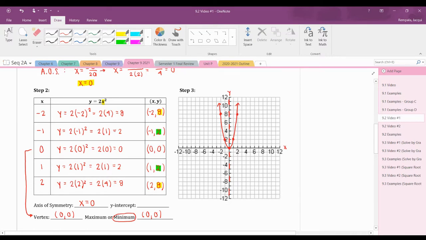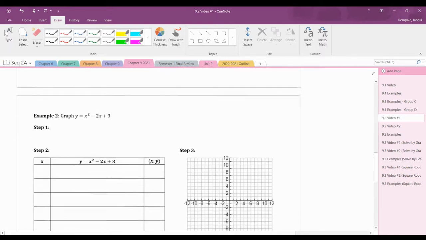And notice that in this case, our y-intercept is also going to be at (0, 0), because remember, that is the only point that is touching the y-axis. So there is my graph. There's our table. There's us identifying all the key important information.